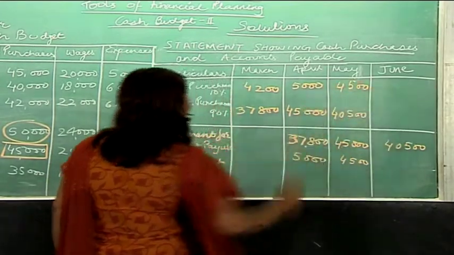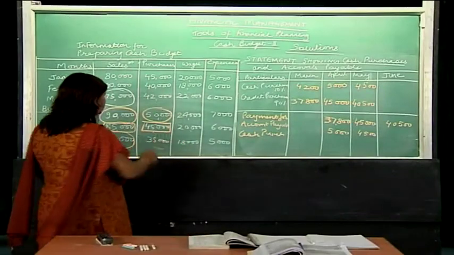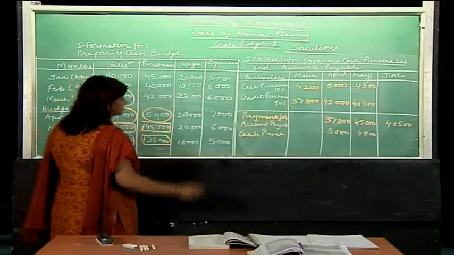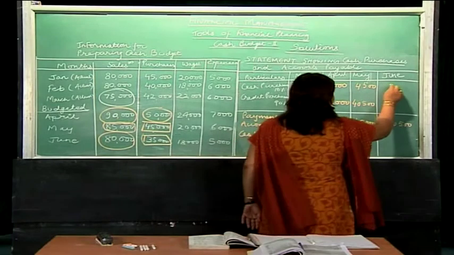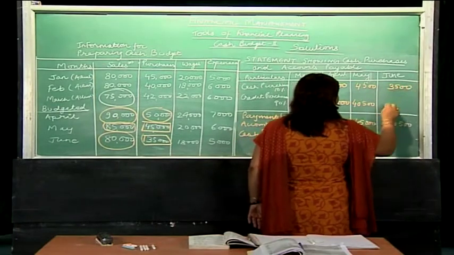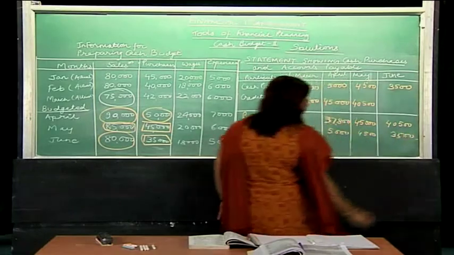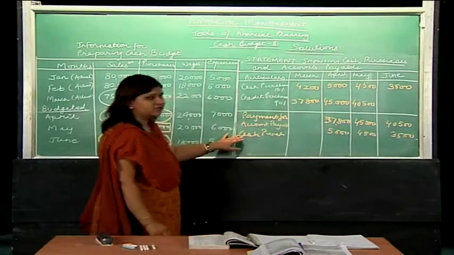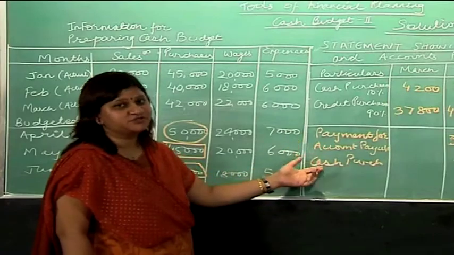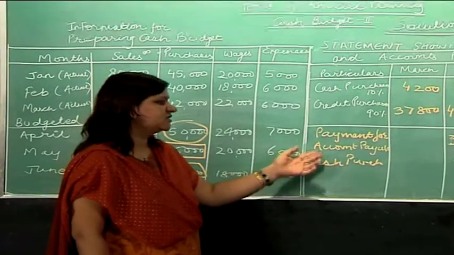We have to find out the cash purchases for June also, that is 3,500. These are the figures for the total payment regarding the purchases which we need to make in the cash budgets.